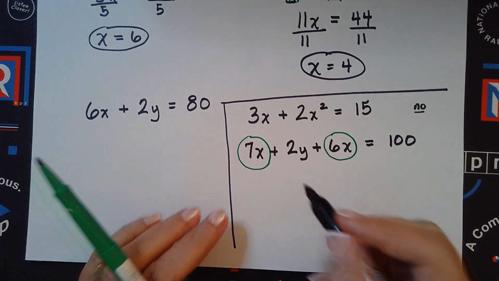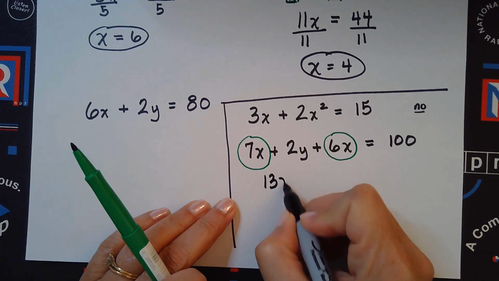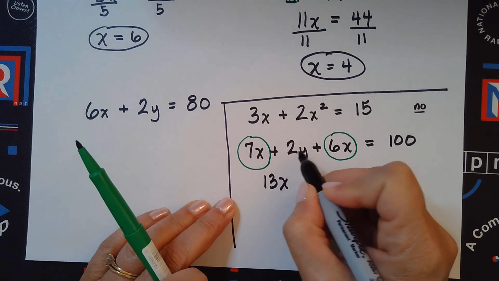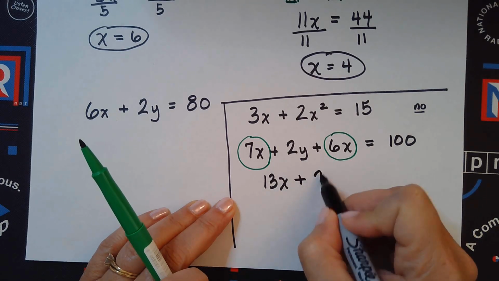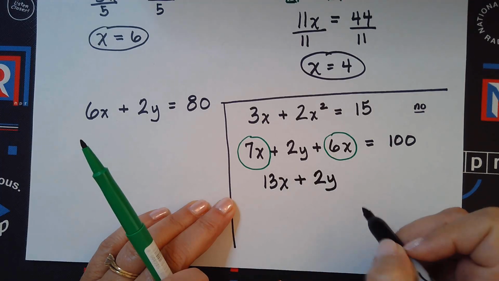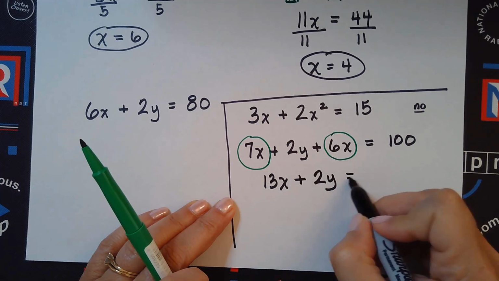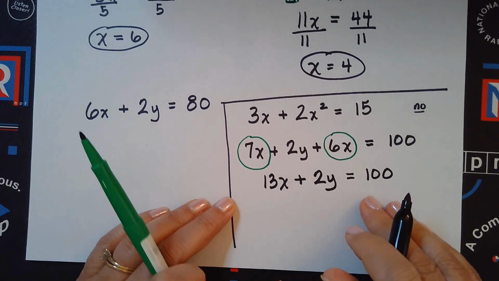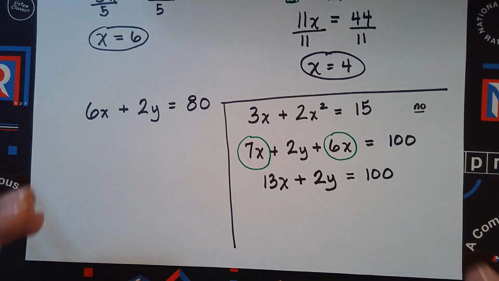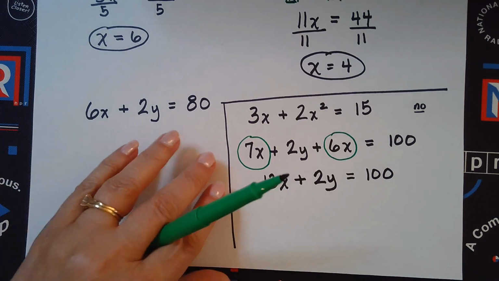So we can go ahead and combine those to get 13x. Can we combine that with our 2y? No, we can't. So we have to just keep writing plus 2y just like before. And we're still stuck with this equation, which again, we do not have enough information to solve, so we cannot.